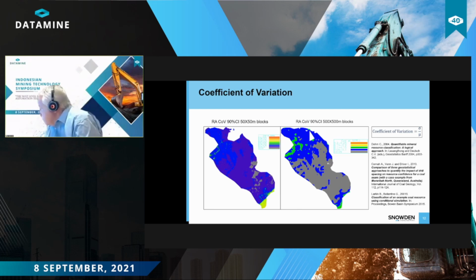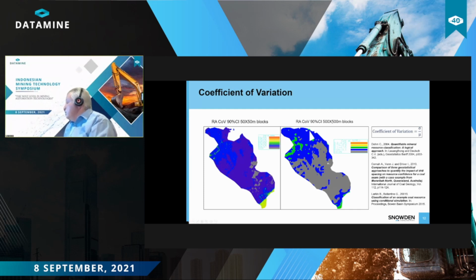So what we are able to do now is compare one block with another block, or the relevant confidence in its estimation with the relative confidence in another block's estimation. And we can see this for our deposit here for 50 by 50.